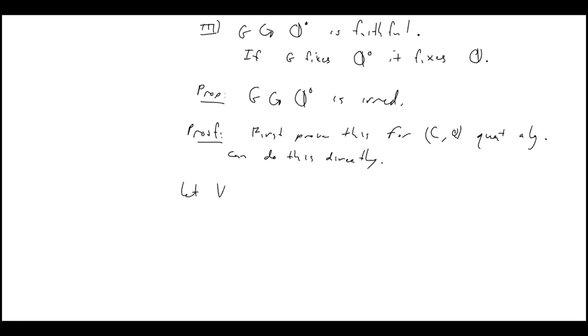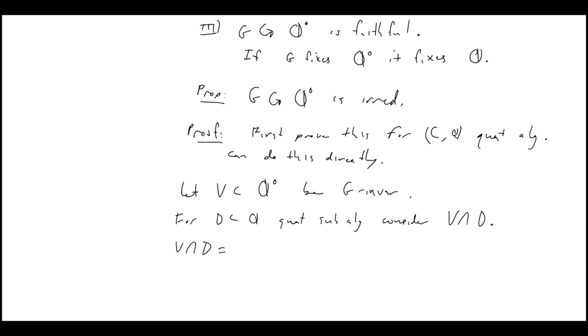So let's take some G invariant subspace V. For any quaternion subalgebra D, we can consider V intersected with D. So V intersected with D, there are only two possibilities.